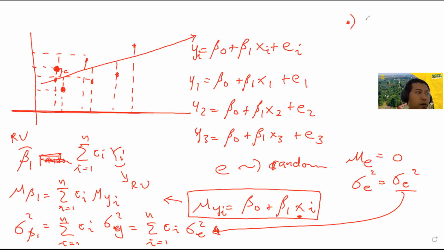The starting point is the sum of squares of error, SSE, equal to SYY minus beta 1 SXY plus beta 1 squared SXX.